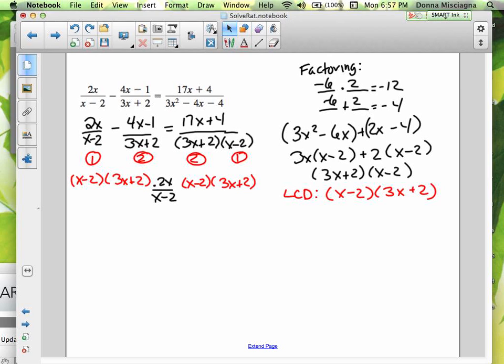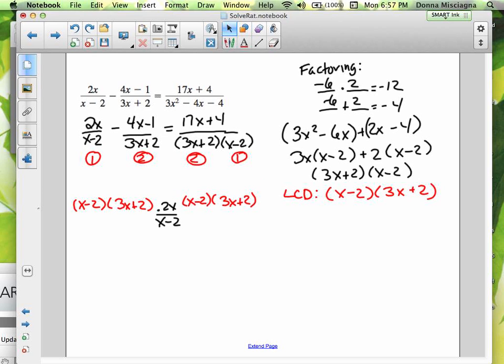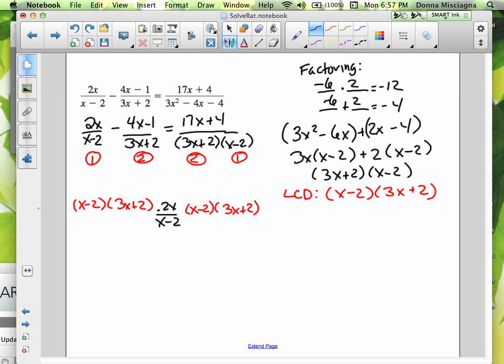I have to move this down just a little bit. There, I think that should be okay. Times the negative 4x minus 1 over 3x plus 2.